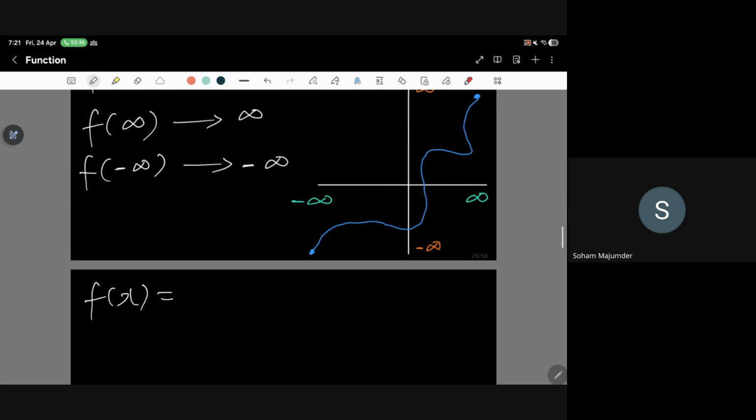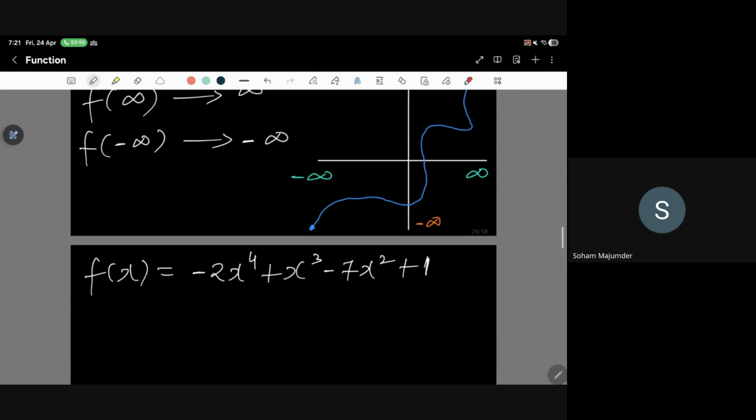Now let's say f(x) is minus 2x to the power 4 plus x cube minus 7x square plus 1, right? So when I substitute infinity, where do you think this value will go?